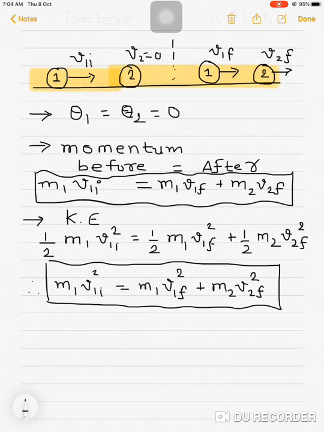If we subtract them from each other, we will have a simple relation.